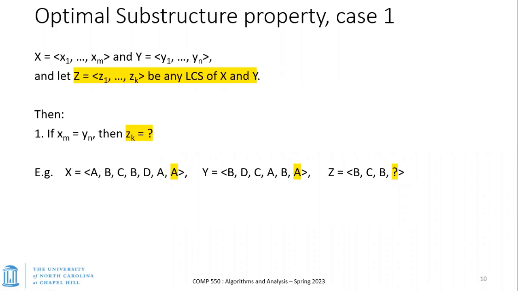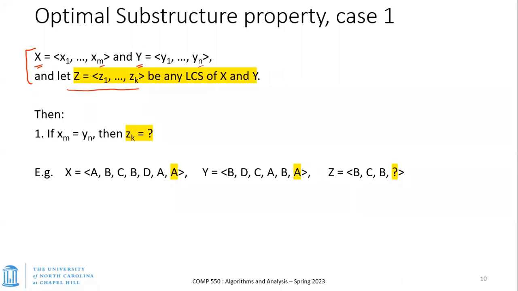Okay, so here is the starting point where you have a string X and a string Y comprised of m characters and n characters. As I've repeatedly said in the past, when you want to show an optimal substructure, you start off by making an assumption.